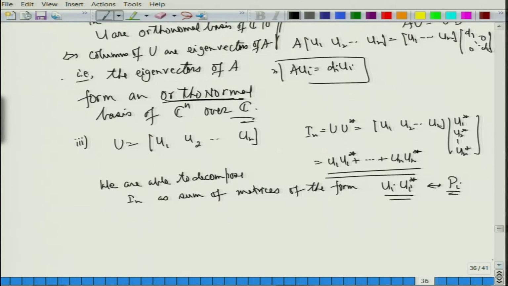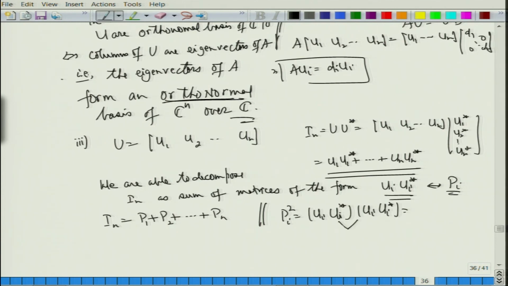Then what we see is that identity is P1 plus P2 plus Pn. What is Pi square? Pi square is Ui Ui star into Ui Ui star. This part Ui star Ui is nothing but the standard dot product of complex numbers. So I get this as Ui Ui star itself, which is Pi, and Pi star is the same as Pi.